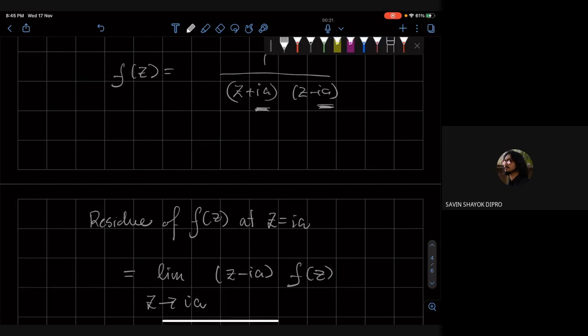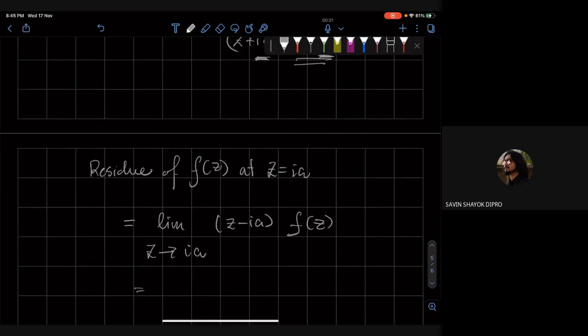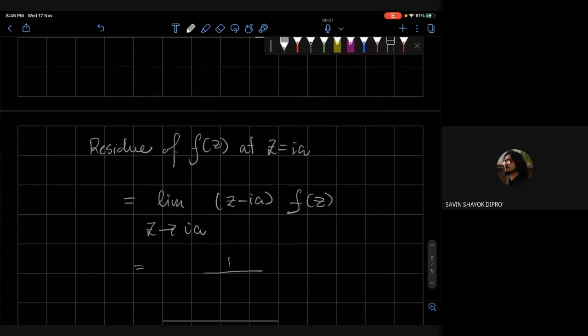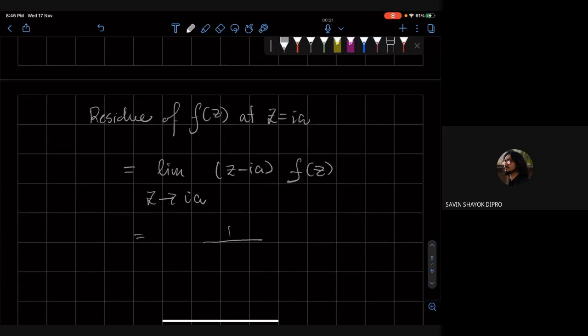So this term will cancel out. As a result, we have 1 over z plus ia, but we are taking this limit, so we get 1 over 2ia. And of course, I forgot 2 pi i here, right?